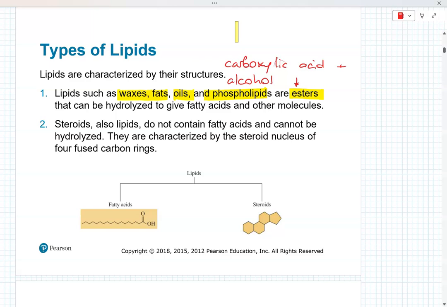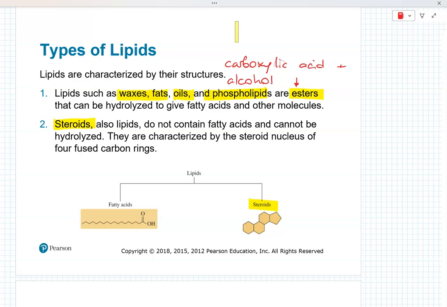A completely different type of lipids are steroids. So these guys do not contain fatty acids. They are rather just hydrocarbon rings fused together, and that means that they cannot be hydrolyzed.